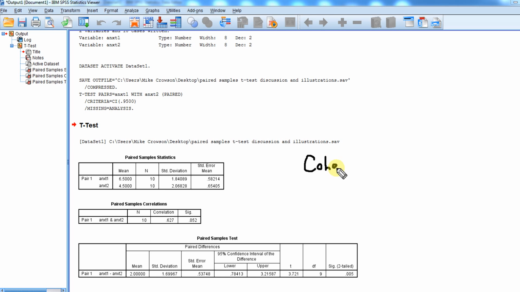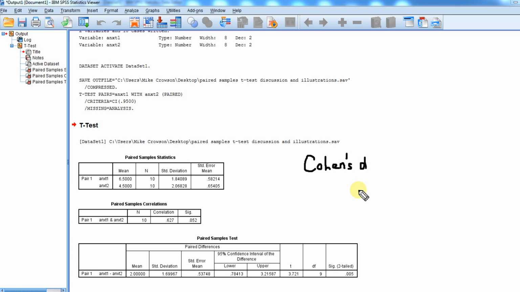Cohen's d is utilized to judge the magnitude of the mean difference. It's not concerned with the direction of difference, like we might be when testing a directional hypothesis, but only with the difference in means and ascertaining if that difference is small, medium, or large.